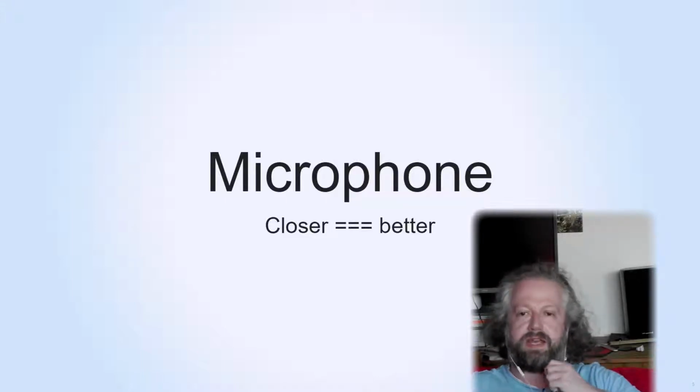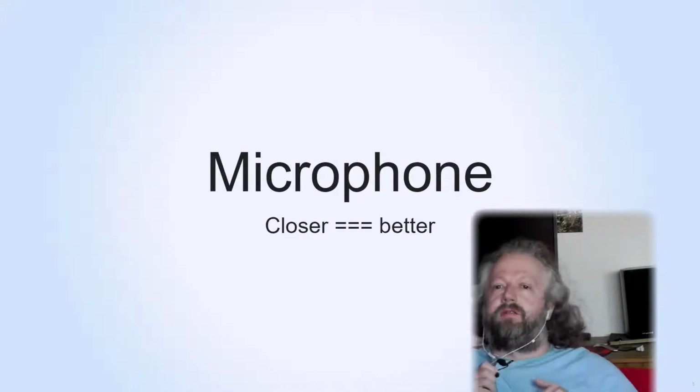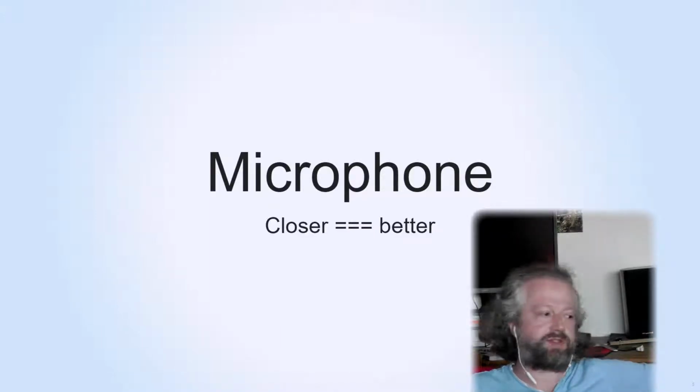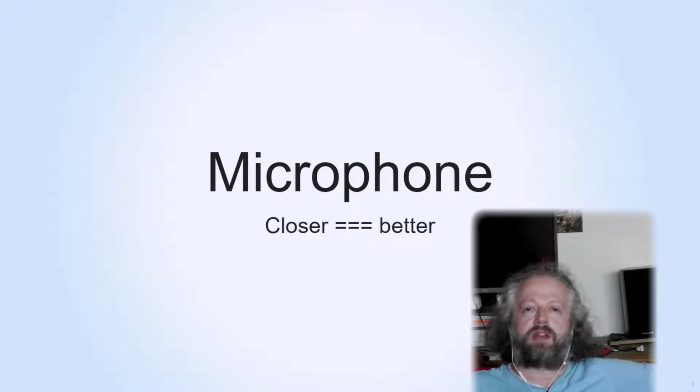I'm using a very small lavalier microphone. They're available for about £15 on Amazon. They don't cost that much. Getting the microphone close to your mouth dramatically improves the quality of the audio for everyone listening.